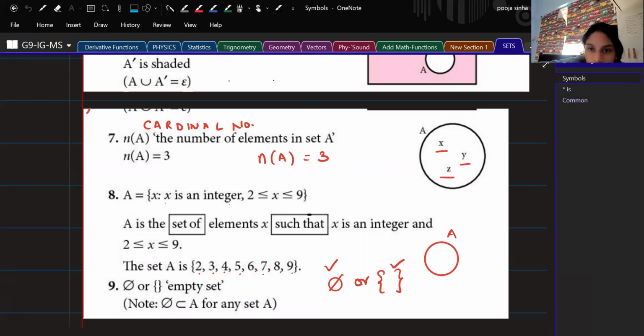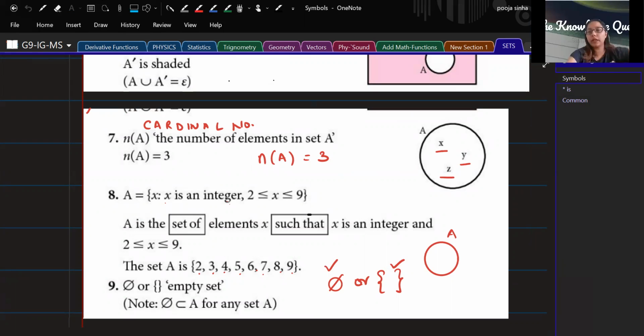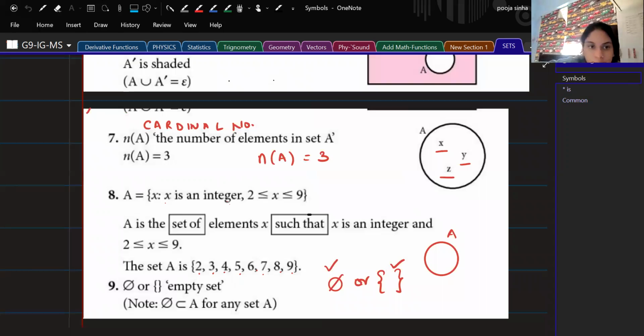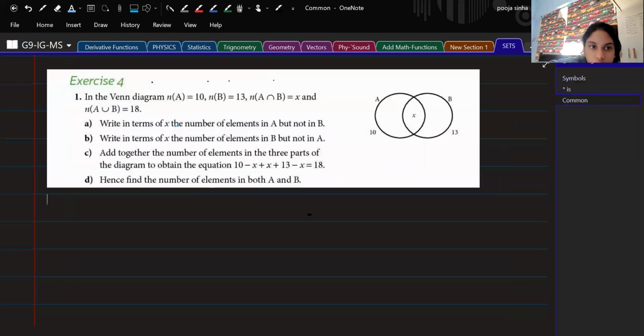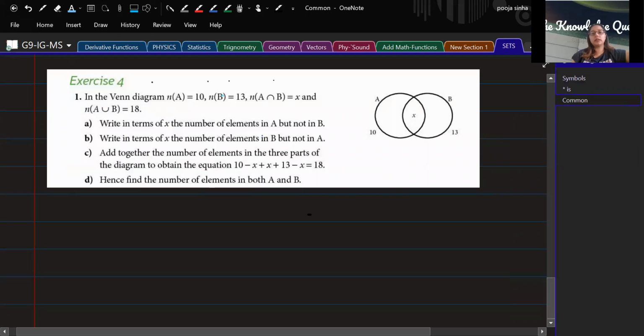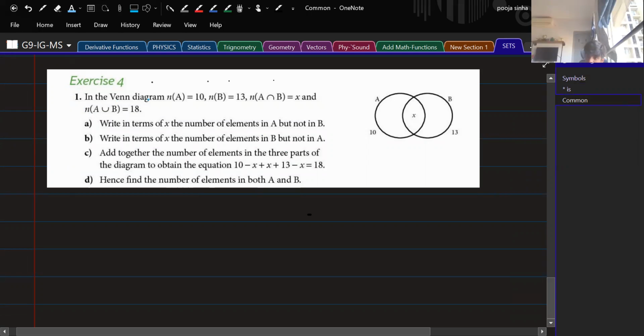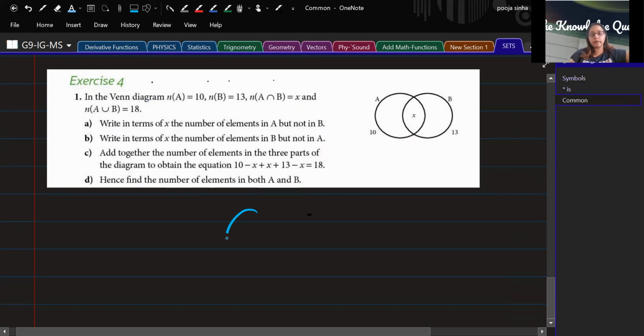Oh yeah, remembered? Okay. All right. So n is cardinal, right? When you write it like this, it represents cardinal number. What is cardinal number? Number of elements in a set. Suppose in my Venn diagram there are 3 things, A, B, and C, and the set's name is x. Then n of x is equal to 3.